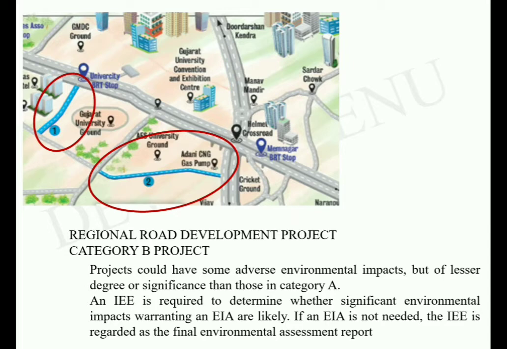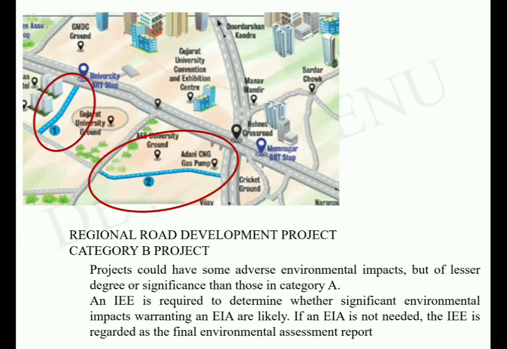Okay, so in order to avoid that situation, you are deciding whether only an initial environmental examination, the IEE, is required in this project, by conducting an IEE, and you are helping the proponent to save so much time and money.